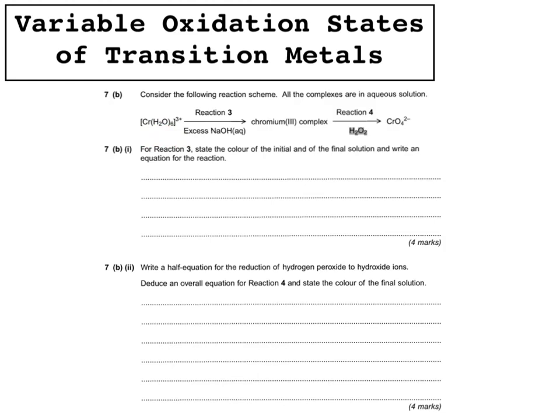So it starts as a ruby red solution, and then the chromium 3 complex that is formed is your chromium with excess OH minus or excess NaOH. It's 6 OH minuses and a 3 minus charge on the complex, and that has a green colour, so it's ruby red to green.